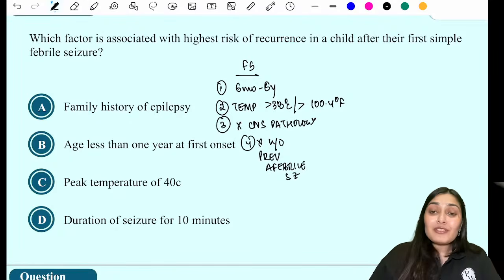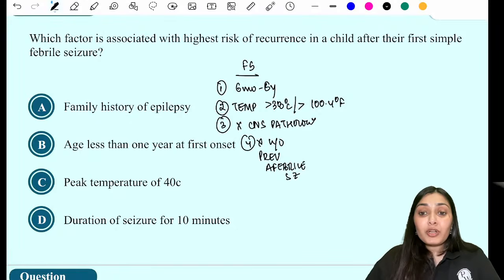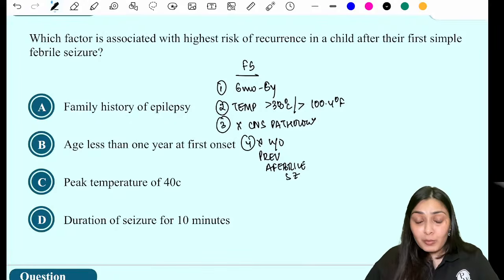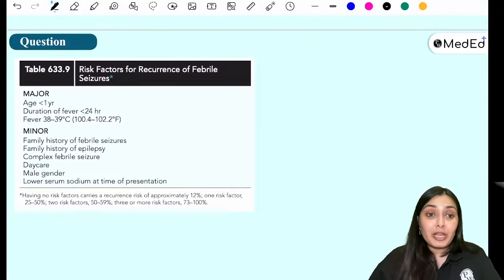Now we all know we have simple febrile seizure, complex febrile seizure. But what is important is when a parent comes to you with febrile seizure and asks, what are the chances that this child is again going to have this? So you should know the factors that we assess before telling the prognosis to the parents. So these are the tables that I've taken from Nelson textbook of pediatrics.